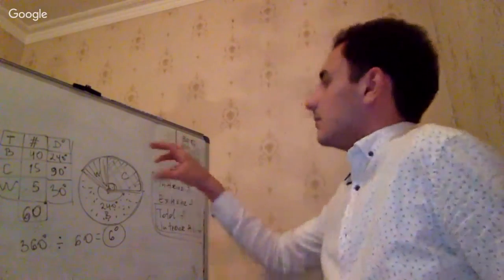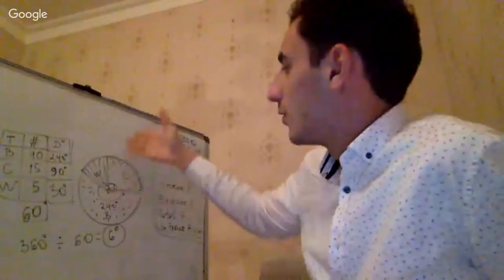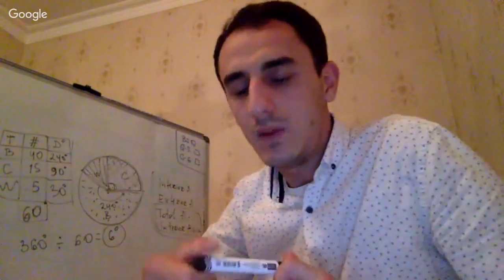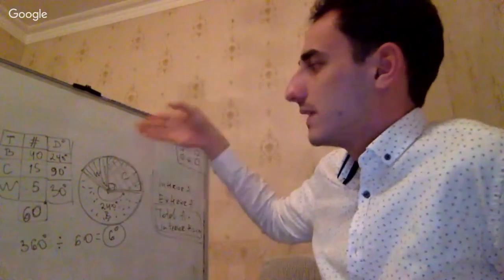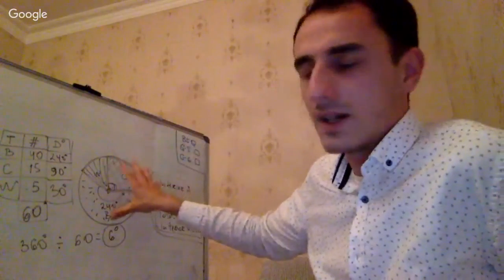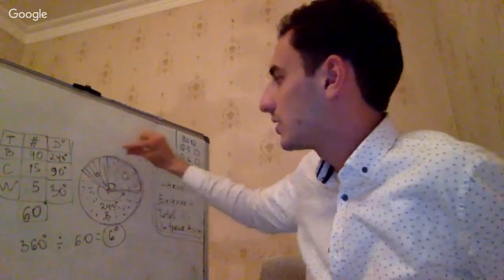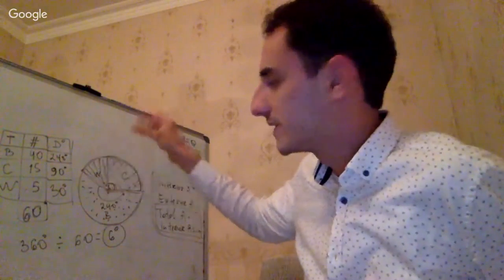You mean, Arif, how to measure the angles? So, if you have a protractor, you can measure with the protractor. But in the exam, if there is a question about drawing a pie chart, probably you'll have a circle with small sections, in order to help you draw your exact pie chart.